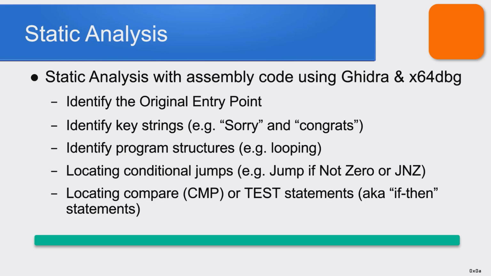So how do I avoid the jump? I'm also locating a compare. I will show you an application with a compare statement, or even test statements. A compare is like an if-then statement in any of your higher level languages: if the password is equal to this, then print whatever. So this is some of the stuff that you look at in static analysis.